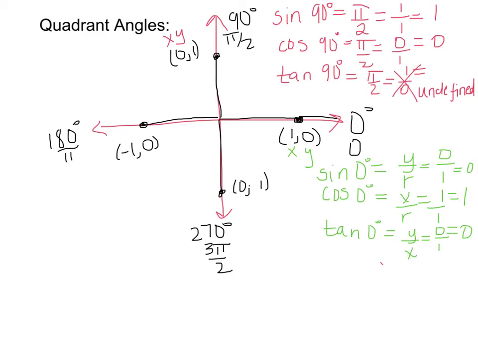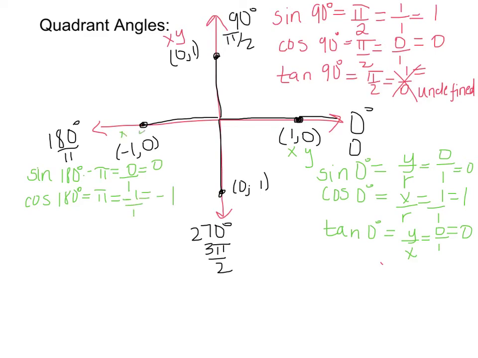And then I'm going to go over here to pi. And we have sine of 180, or pi, would be y over r, which is 0. Cosine of 180, or pi, would be x over r, which is negative 1.